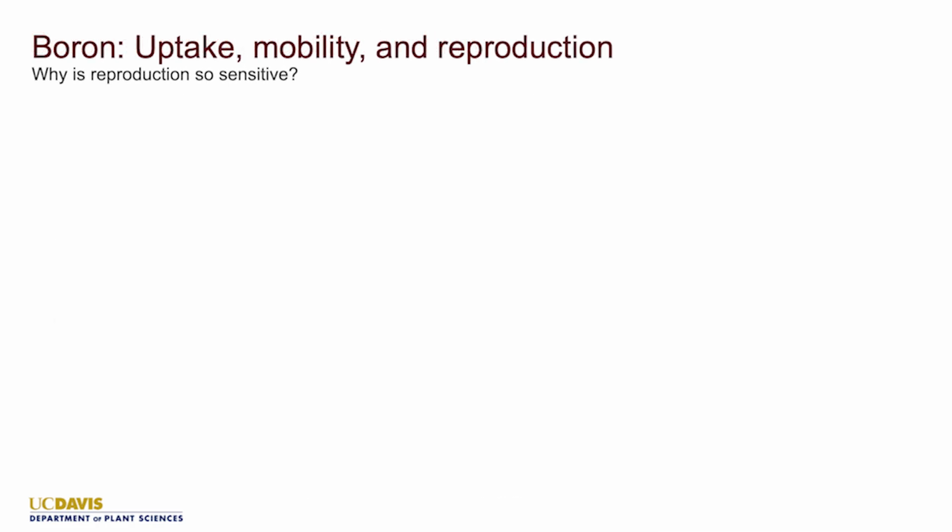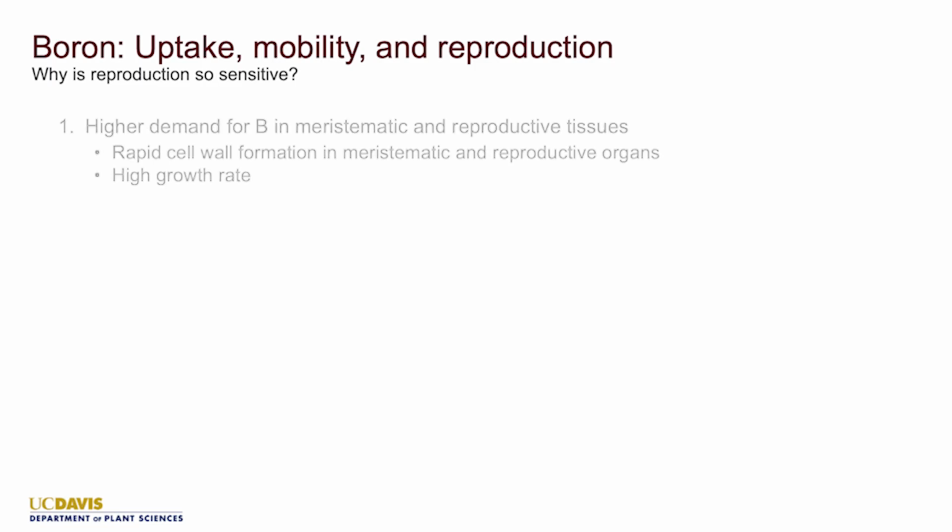So when we think about the big question, why is reproduction so sensitive? It's multifold. It's first that the meristems are the most actively growing tissue in the plant. The plant is making new cell walls, the plant is dividing, the plant is expanding. That demands boron be present for cell wall formation.